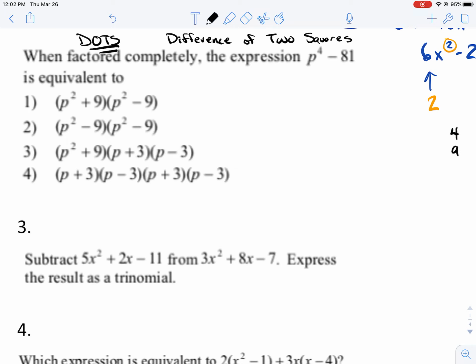So it is 4, 9, 16, 25, 36, 49, 64, 81, 100, 121, 169, 196.